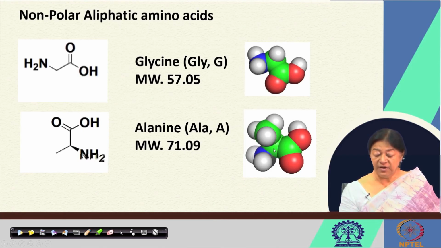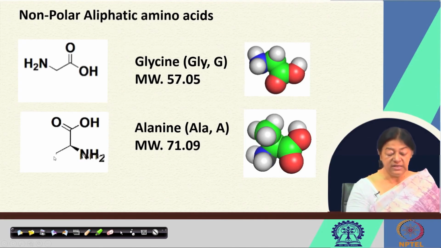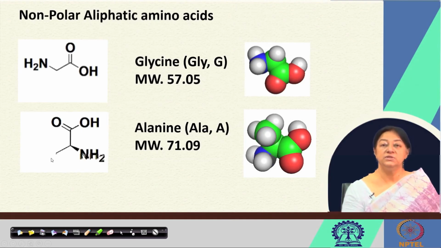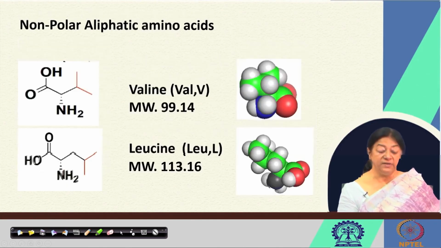Now we have the alpha carbon here and we have the NH2 attached here, and what is attached at this point here? We see there is a C and there are 3 hydrogen atoms, making this a CH3. And what is this amino acid? This is alanine.